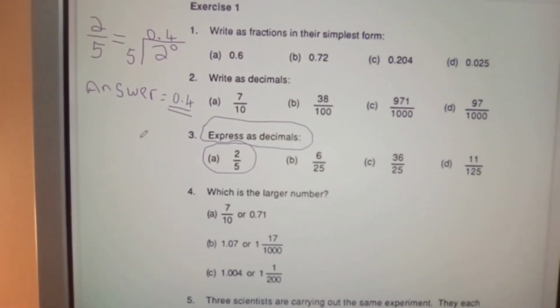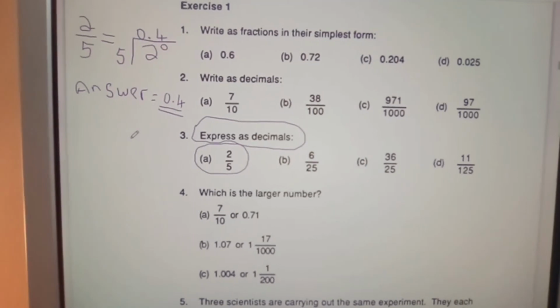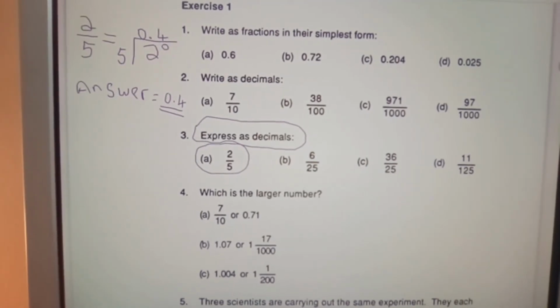And there we are. Okay, excellent. And that one refers to this one here, okay?